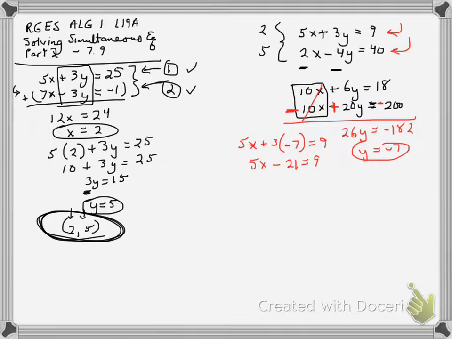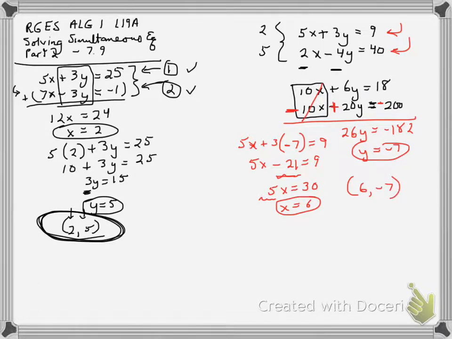The opposite of subtracting is adding, and so we're going to add 21 to the other side. And the opposite of multiplying is dividing, so we're going to divide the other side. 30 divided by 5 is 6. So my answer will be an ordered pair, 6, negative 7.